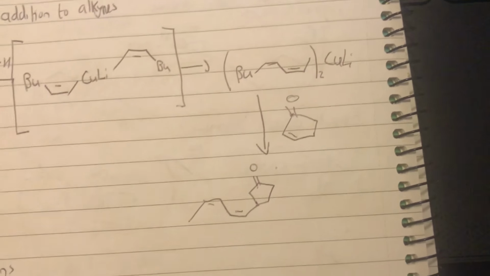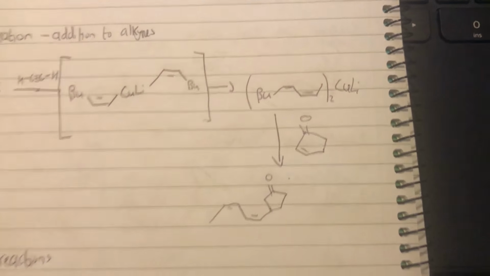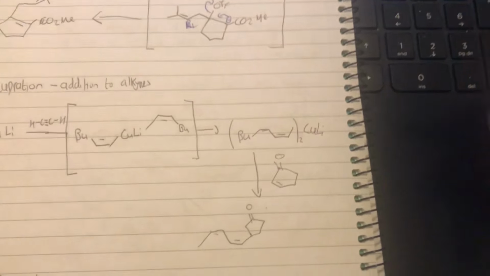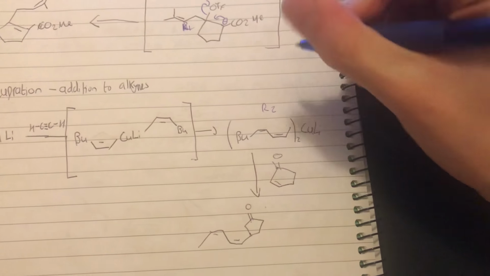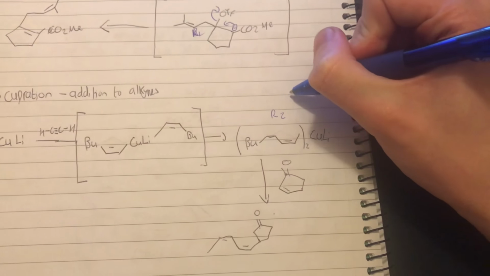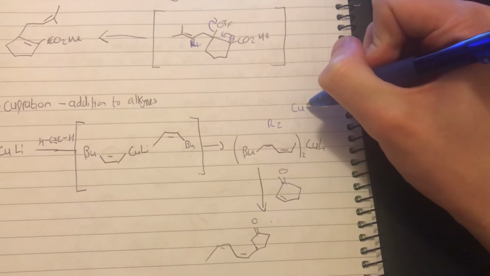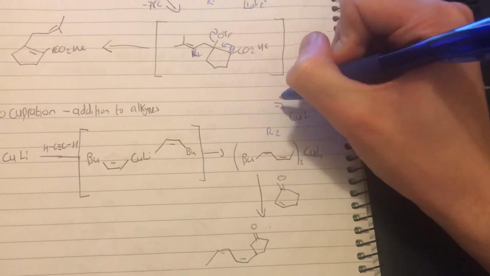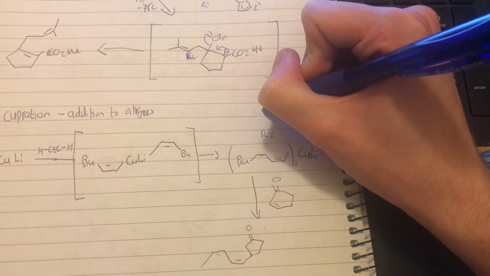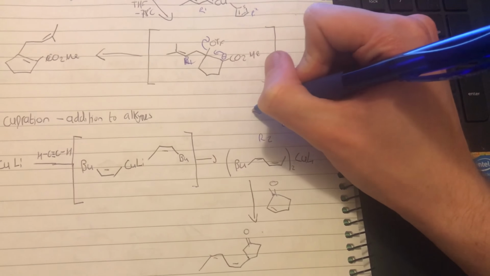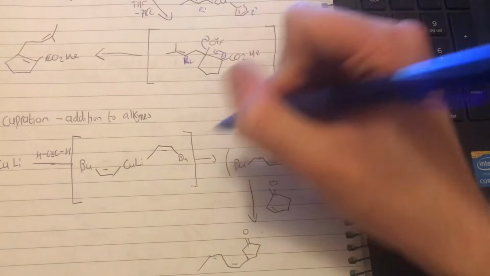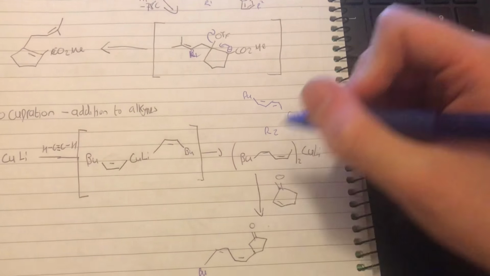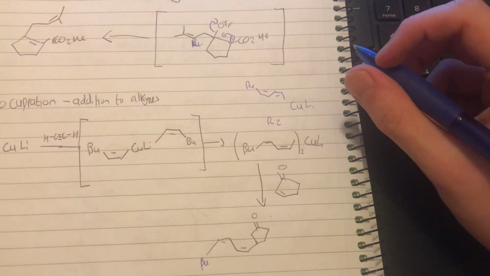It's like, I'll get my pen again, why not, because we're here. This can effectively be classed as R2. So we've got, in other words, CuLi, excuse my drawing, should be a Bu there as well. We'll get down to that in a sec. If you can't see that right now, you can sort of see it.